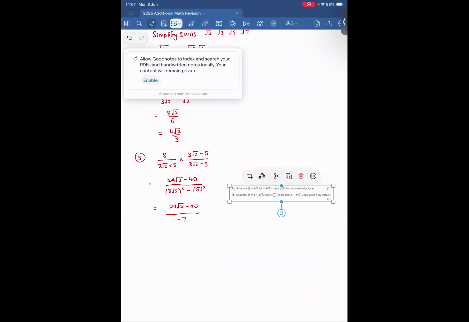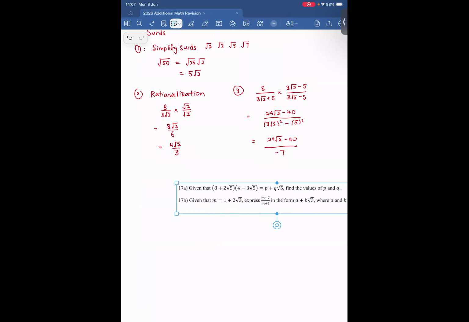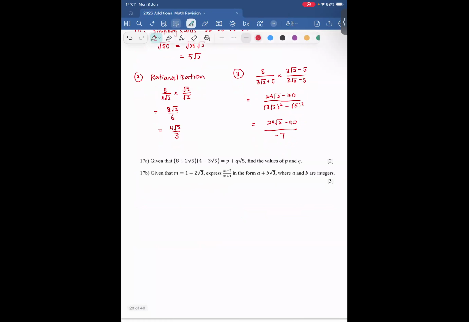Please try yourself. Don't just copy. Okay, so 17A is very easy. You should be able to attempt yourself and solve. Please try to solve 17A yourself.